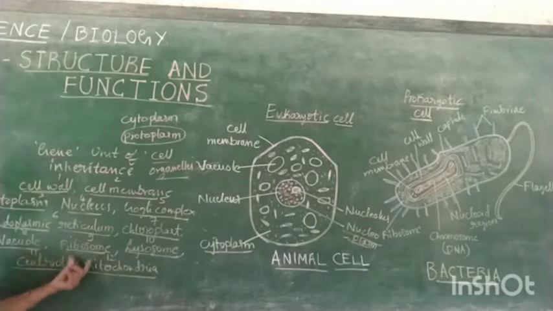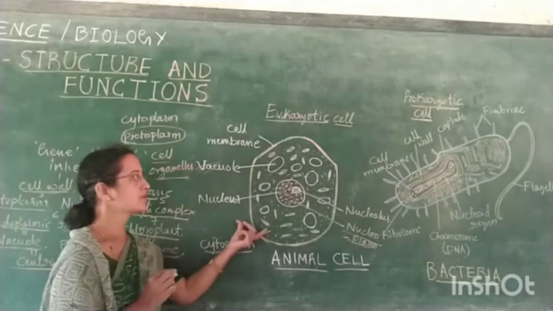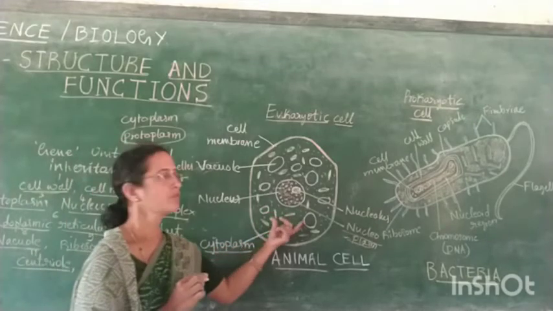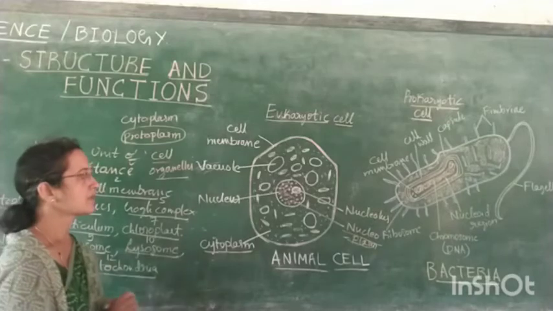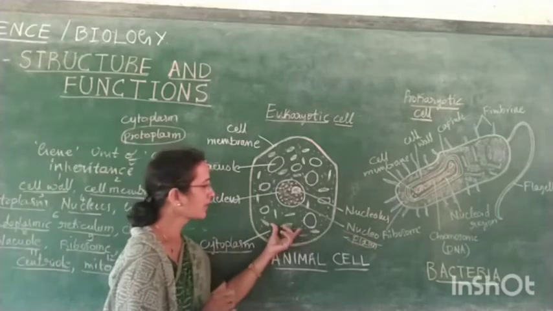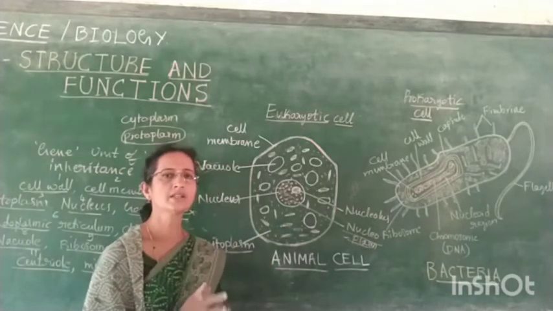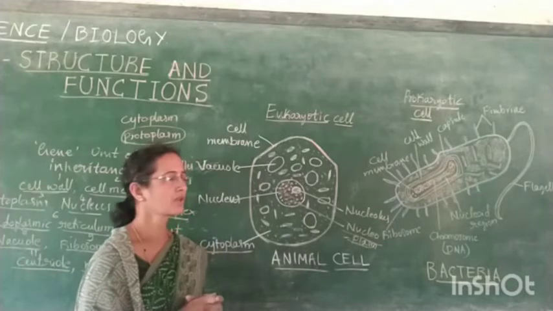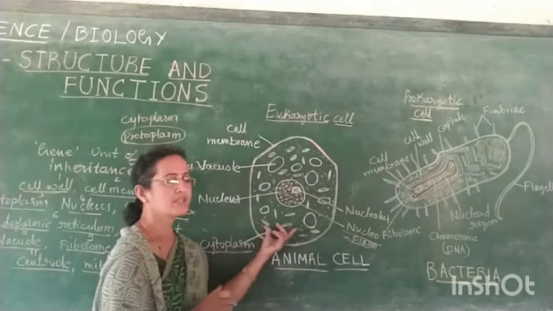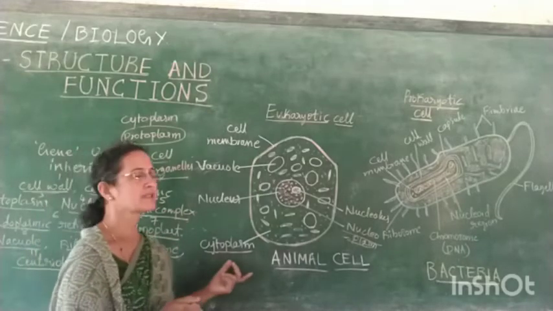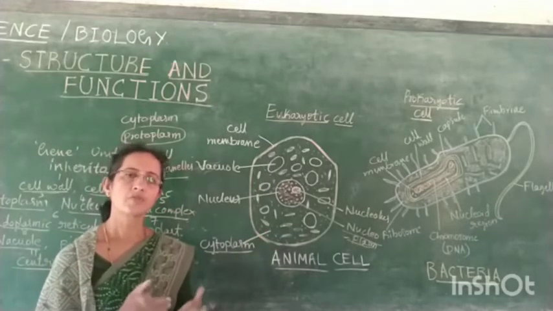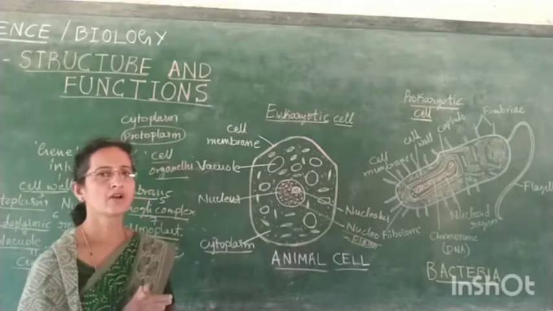Here I have listed 12 different parts of the cell. Inside the cytoplasm you find various types of cell organelles. This cytoplasm is the center of all the cellular activities, and since it consists of different types of cell organelles, each cell organelle performs its own specific function.